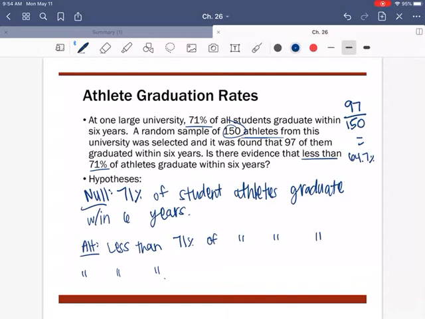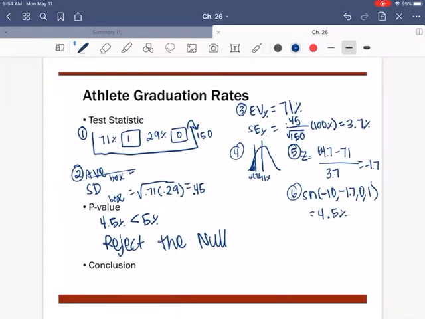And what that means is, if we look back at our null and alternative, since we're rejecting the null, that means we're kind of accepting the alternative, except we never say we accept something. But what we're going to say is it appears that less than 71% of student athletes graduate within 6 years. So we're saying just what the alternative says.